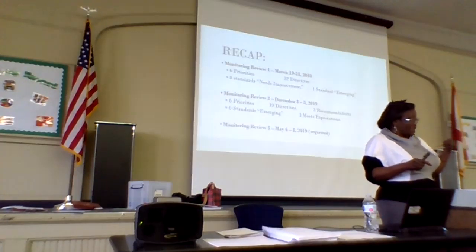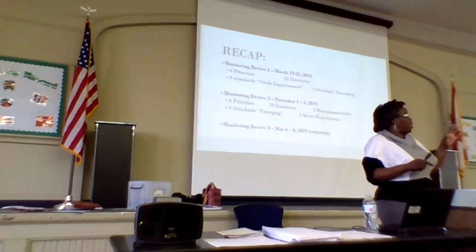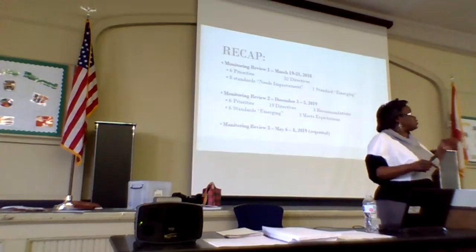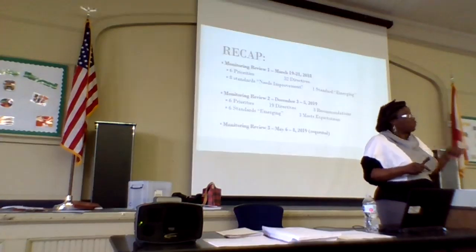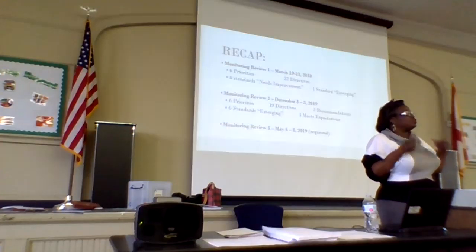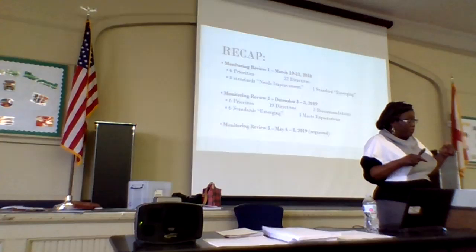In December, when they came back, we still have those 6 priorities because that's what we're working towards. But we now have 19 directives. We have 19 must-dos, and that is a significant improvement from 32 to 19. And the support that you've given us has made that happen.